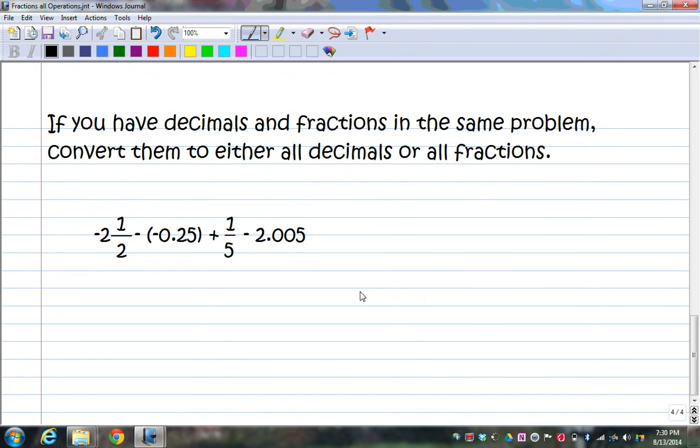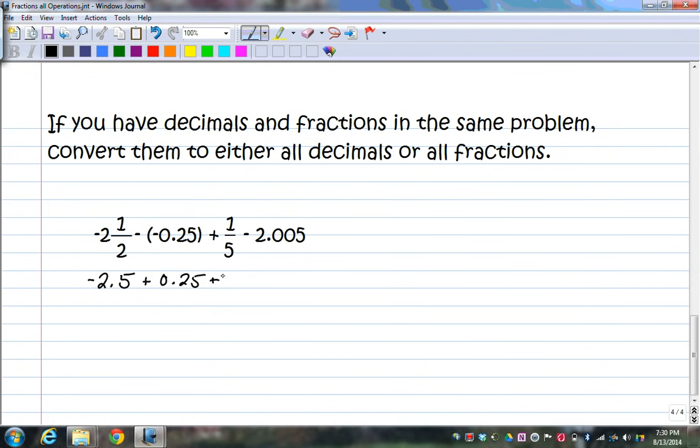All right. For this problem, I converted them all to decimals because I thought that would be the easiest thing to do. Now, what I'm going to do is write my decimals and change the signs all at the same time. So plus 0.25.